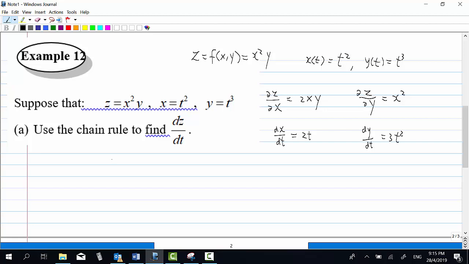To apply the chain rule, we know that dz/dt is the partial differentiation of z with respect to x times dx/dt plus partial differentiation of z with respect to y times dy/dt. Partial differentiation of z with respect to x is 2xy, and dx/dt is equal to 2t.